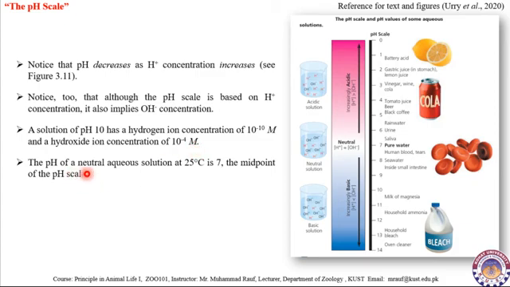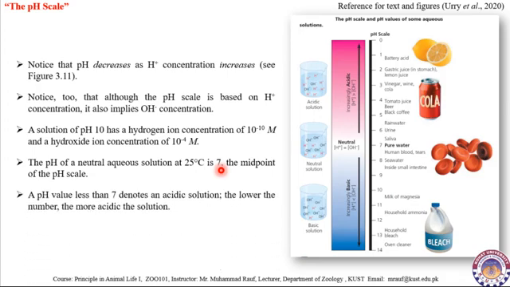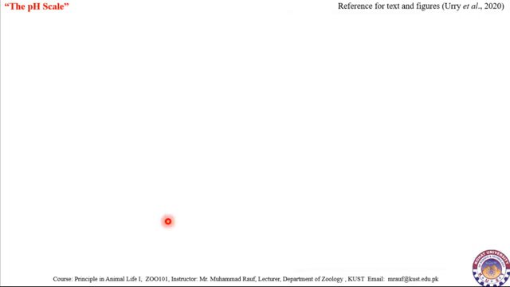The pH of a neutral aqueous solution at 25 degrees centigrade is 7, which is the midpoint of the pH scale. A pH value less than 7 denotes an acidic solution. The lower the number, the more acidic the solution.